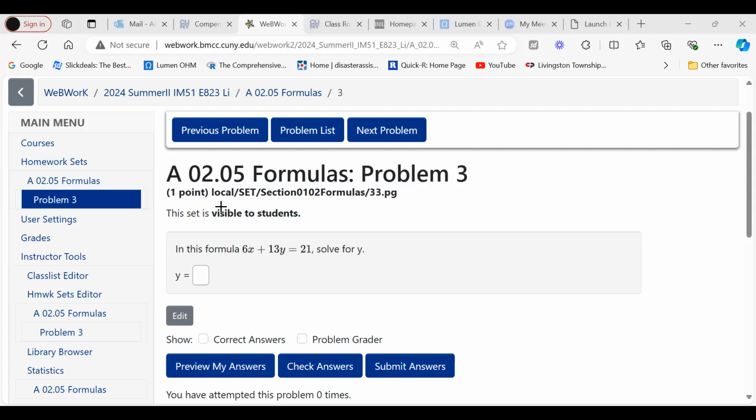So step one, you just subtract 6x on both sides of the equation. Now we cancel 6x, you get 13y equal to minus 6x. Now we need to get rid of the coefficient in front of the y.